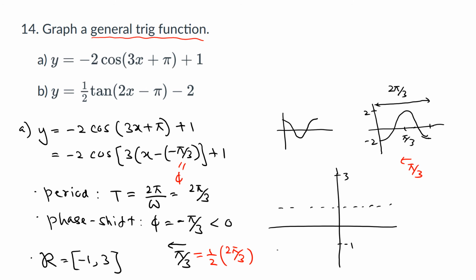The graph goes between negative pi over 3 and pi over 3, because you move the graph halfway to this side. So finally you're going to start here, go there, go up and go down. That's the final graph.